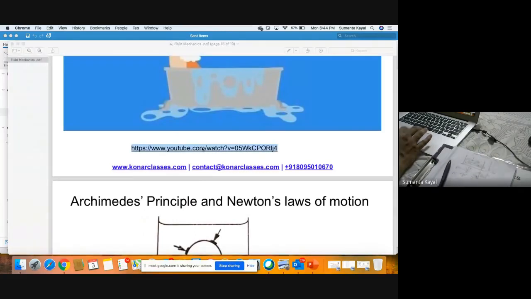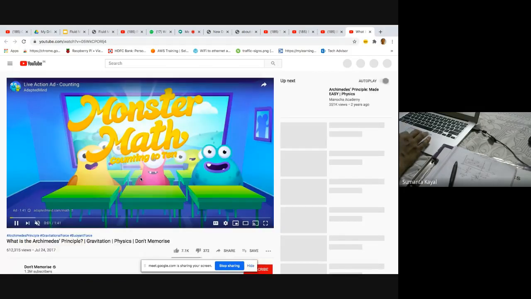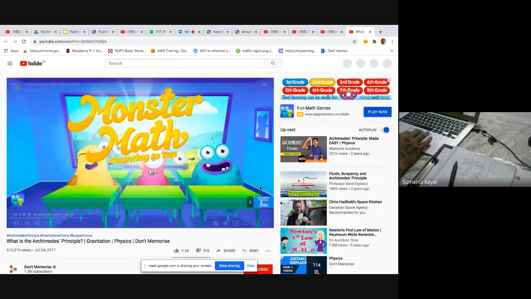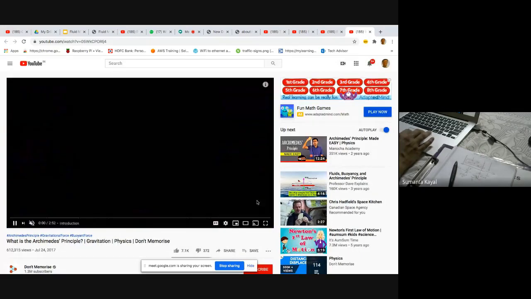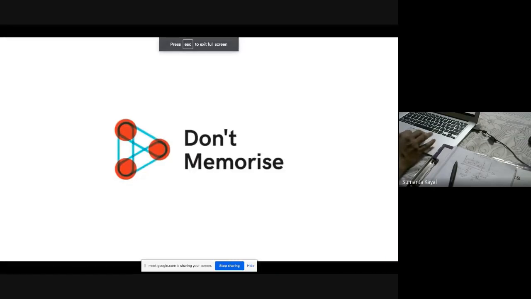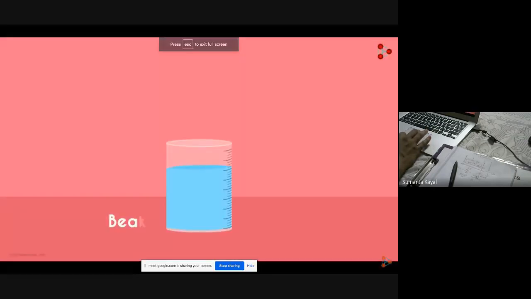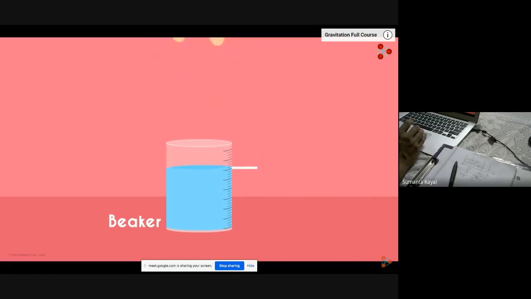We'll just see a quick video here, and then we'll get more detail about Archimedes law, and how it is also applied in today's date. All these are very relevant today. Here you see a small beaker, and we have all experienced this. There is nothing great to demonstrate here, but you see the observation.